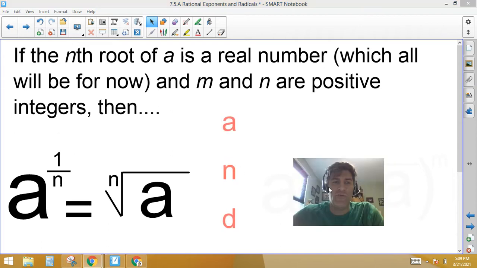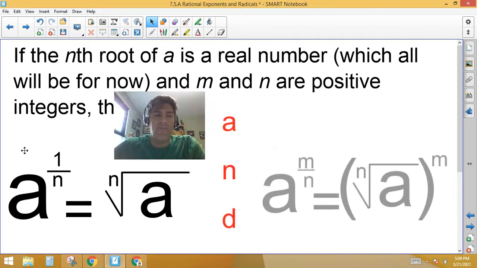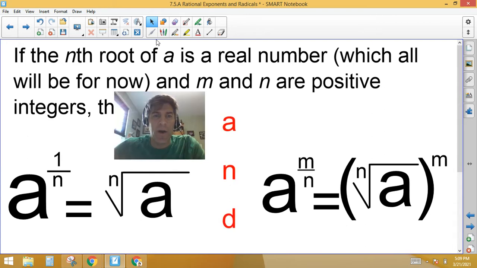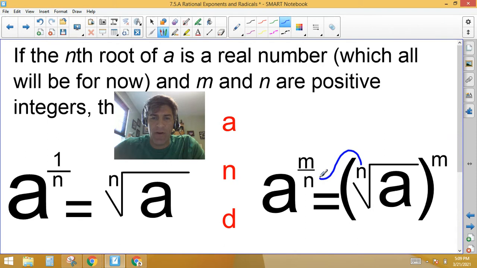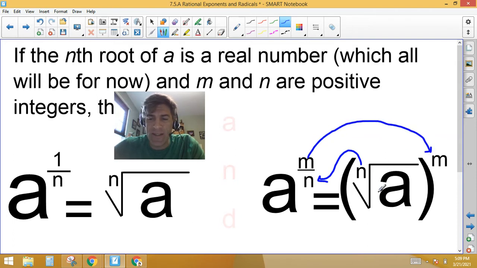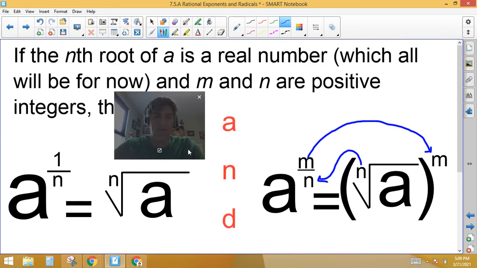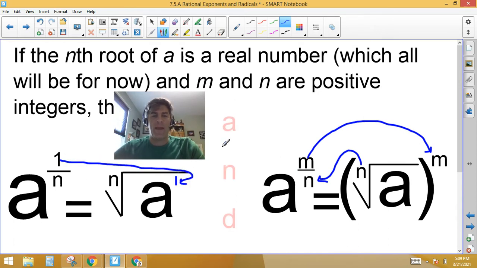What also will be true is if that numerator is not 1, if I have A to the m/n, the same thing occurs. My index is my denominator. But now my numerator of the fractional exponent becomes the exponent of the entire radicand, the entire piece. Technically, if I revert back to the first one, I could put a first power there and it doesn't change it.